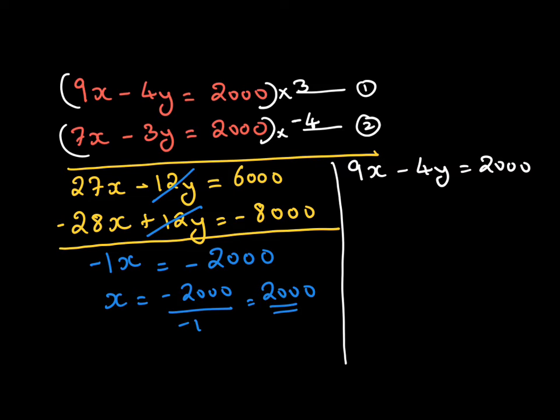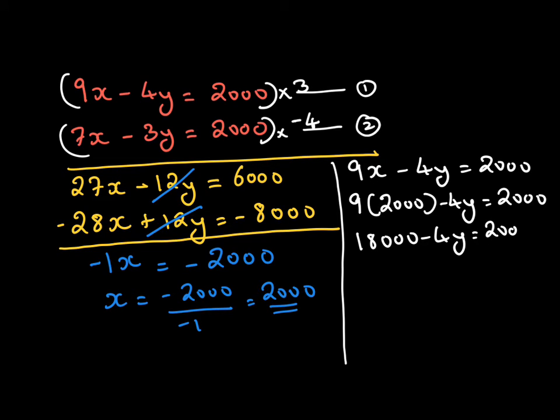Let's take the first equation and plug in the value of x. So we get 9 times x, we know is 2000, minus 4y is equal to 2000. 9 times 2000 is 18,000, minus 4y is equal to 2000.